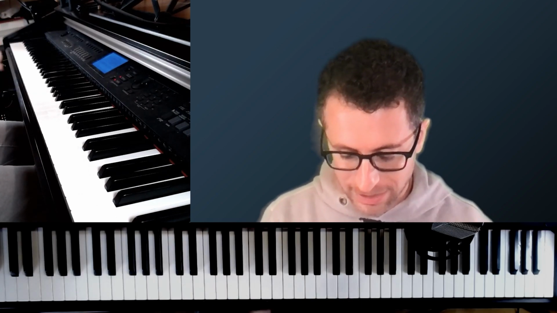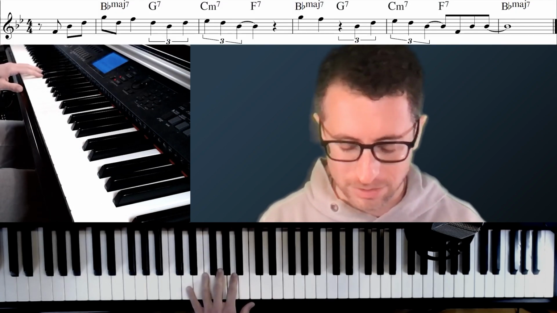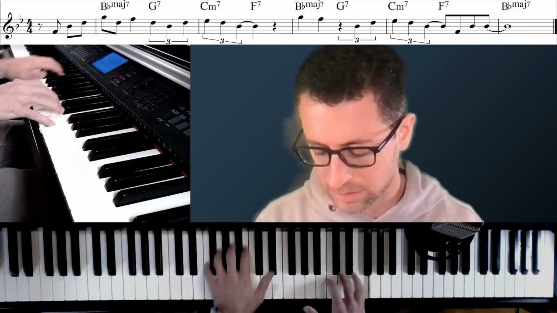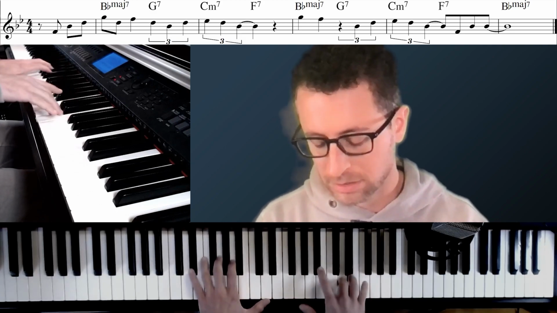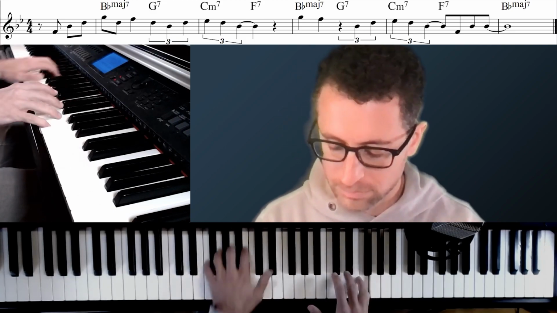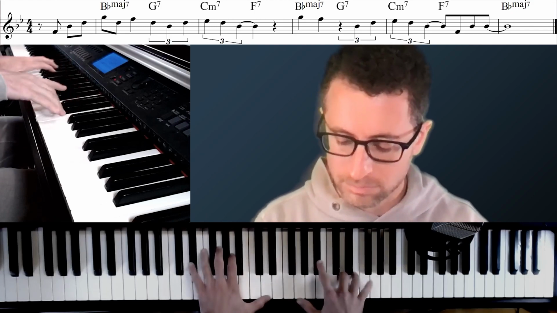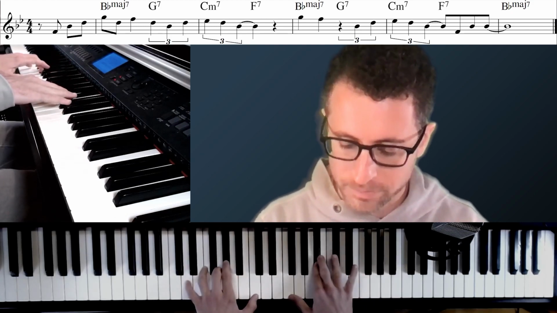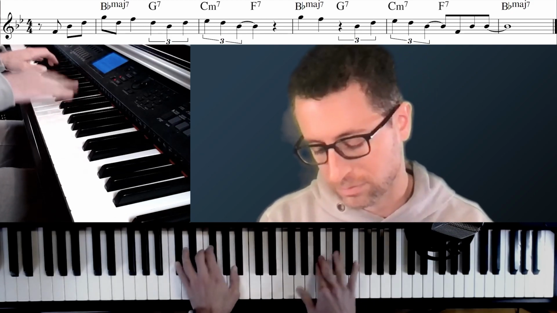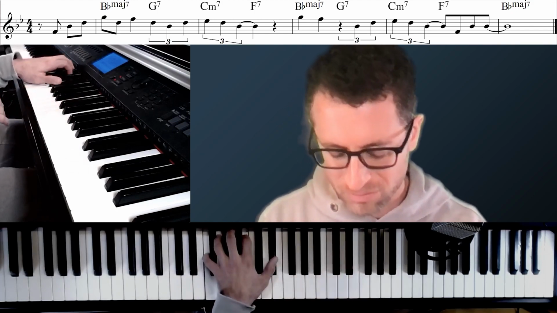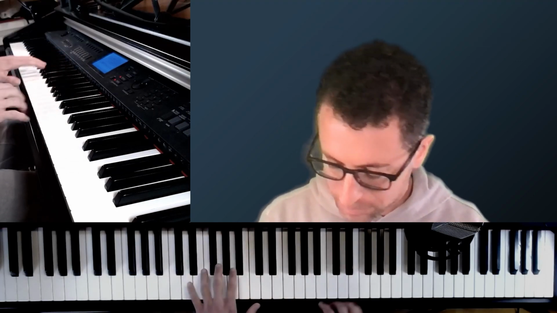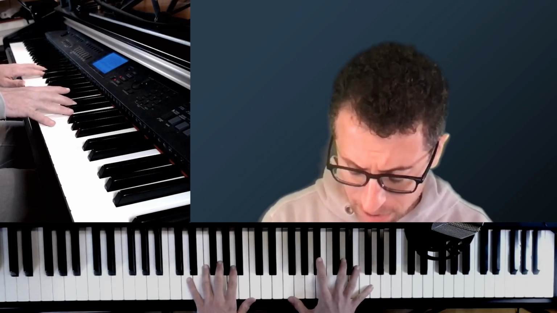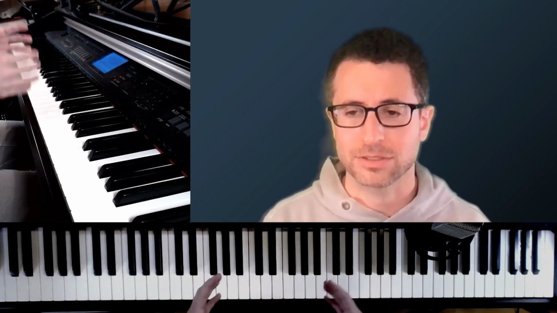So let's break it down even more simply. 1, 2, 3. All right, so if I were to take that same melody, that was a melody based on the B flat, which is very important.